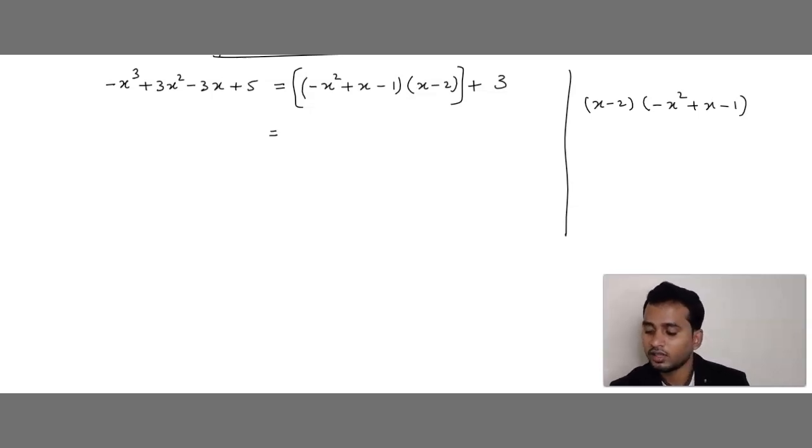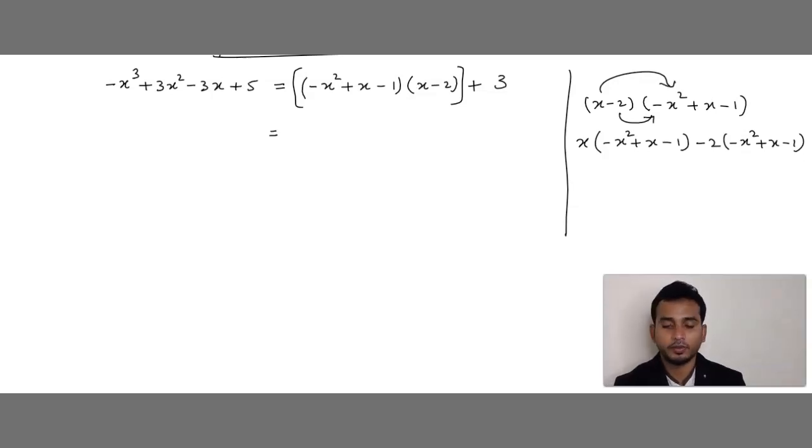See, what is the first term? x. We have to multiply it with minus x square plus x minus 1, first term with the rest of the terms. Again the second term is minus 2 into minus x square plus x minus 1. First term with all the terms, second term with all the terms, right?